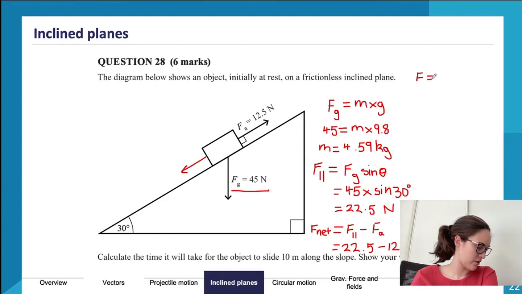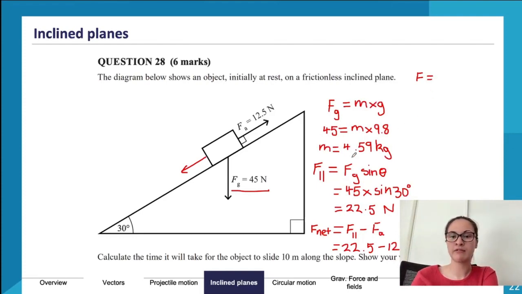Just trying to figure out where I got the mass from.